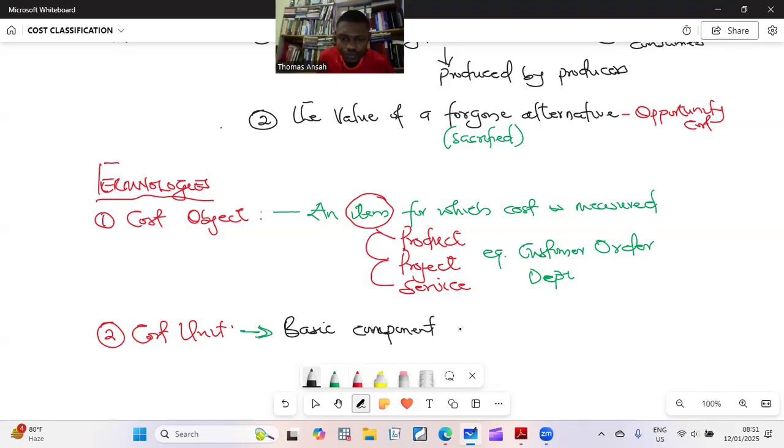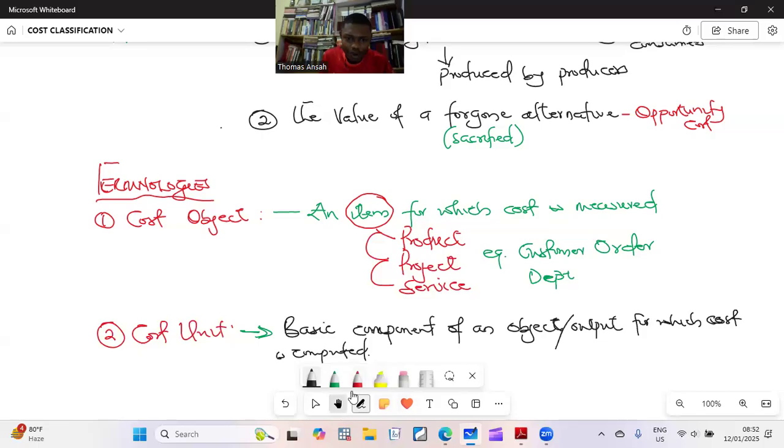The basic component of an output, for which you determine a cost, for which a cost is calculated. I'm going to give you an example for which cost is computed.